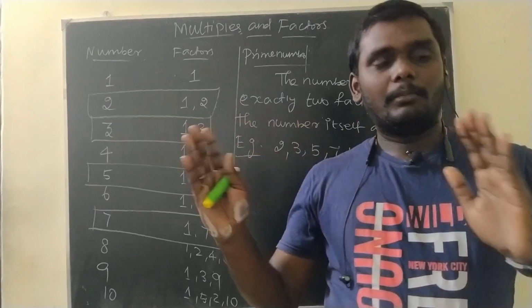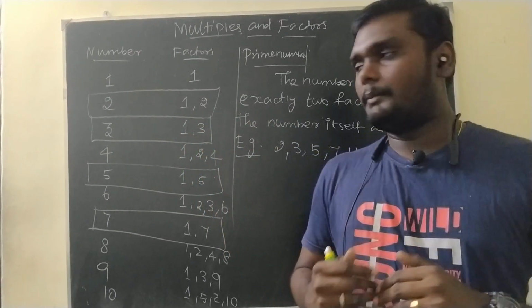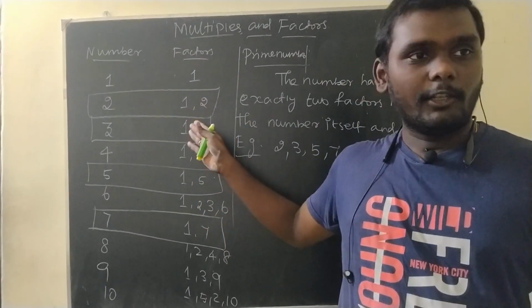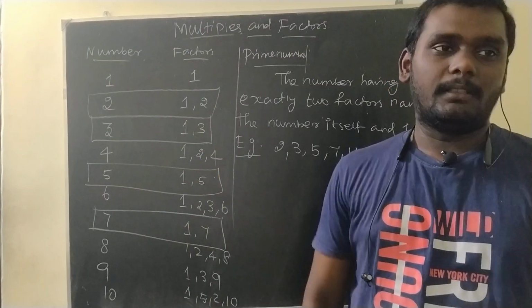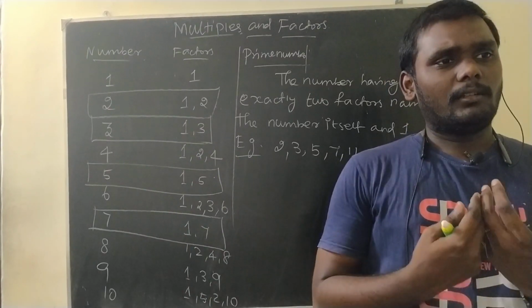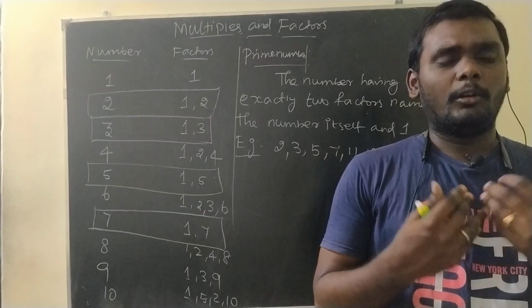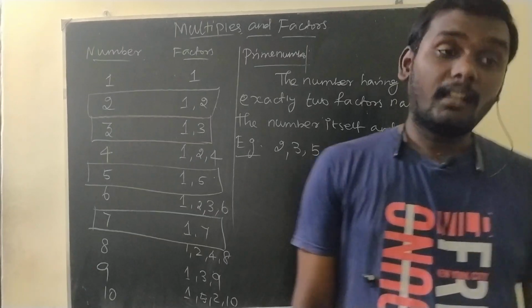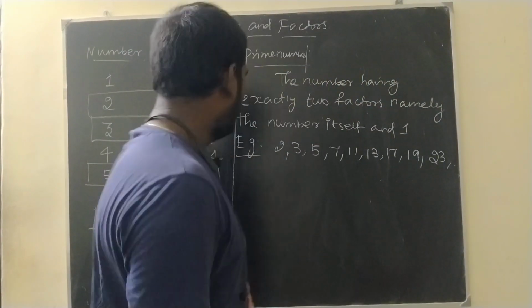So, among the finite number of factors, we classified the numbers which have exactly 2 factors as prime numbers. Then what if it has more than 2 factors? That also has a separate name. You know that?